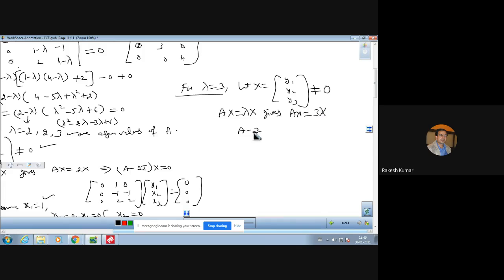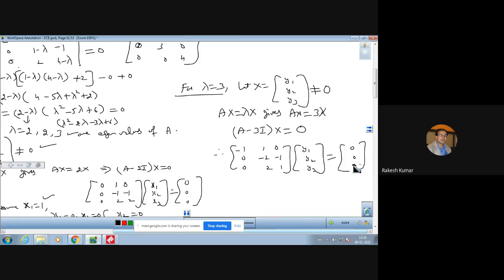So (A minus 3I) x will be the null vector. Put the values of A and 3I, and you will get the matrix [-1, 1, 0; 0, -2, -1; 0, 2, 1] times (y1, y2, y3) equal to the null column vector.